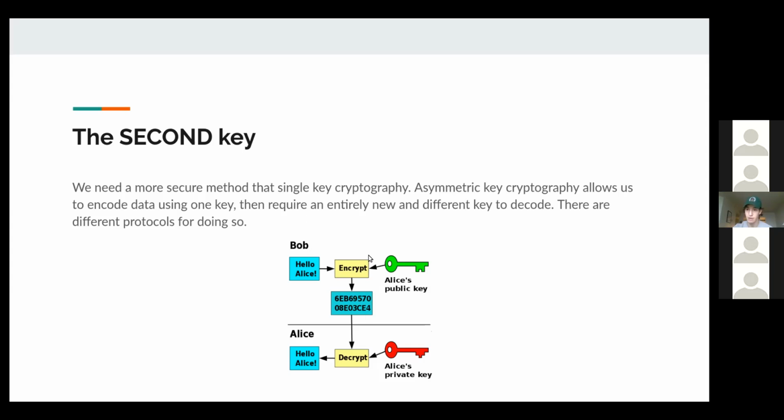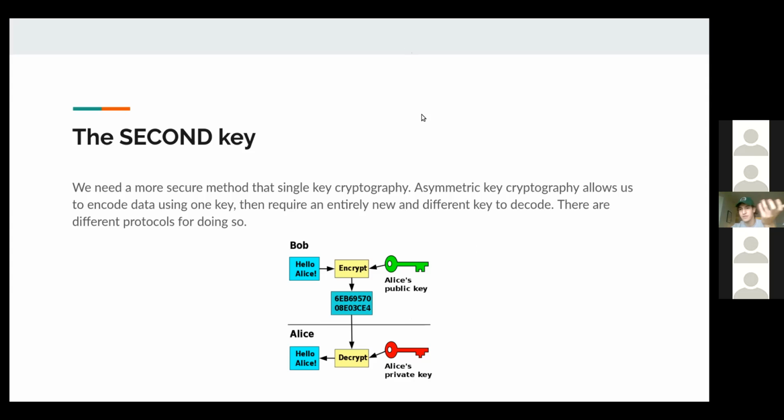Alice gives us the public key in order to send her a message. We're able to encrypt the message. Now people aren't able to read it, and we're able to send it to Alice, and then Alice can use only her private key to decrypt the message. If we try and use the public key or someone else's public key or our private key to decrypt this message, it won't work. We'll get the wrong answer, right? So it's not gonna work.